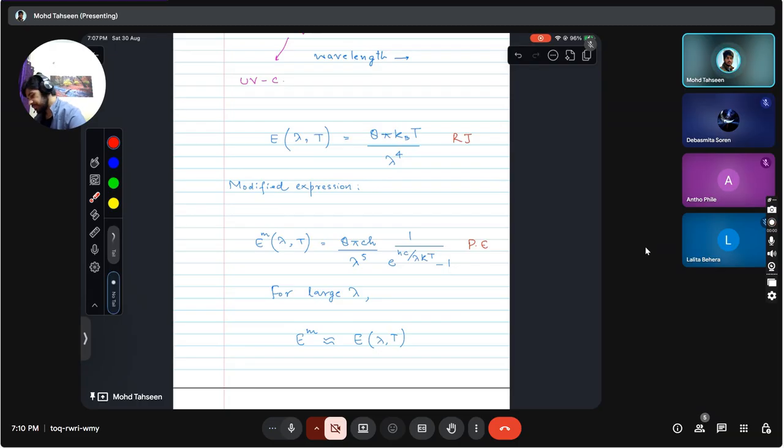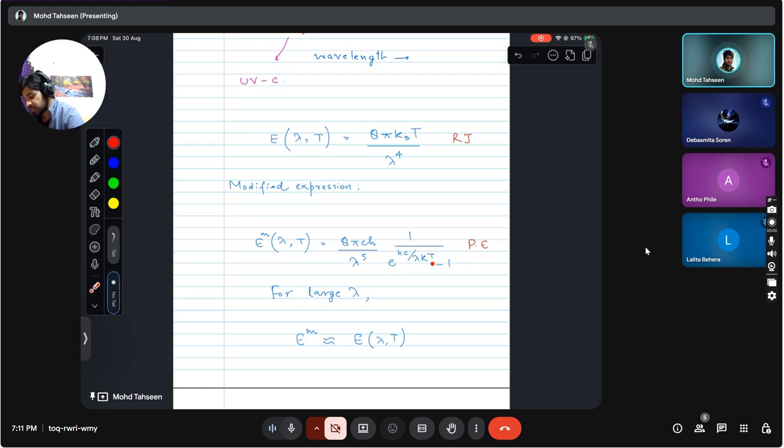Maybe there's some error in this equation, so if we expand this exponential into its series, we can expand this using the Taylor series. We know that e to the x is equal to 1 plus x plus x squared by 2 factorial and so on.